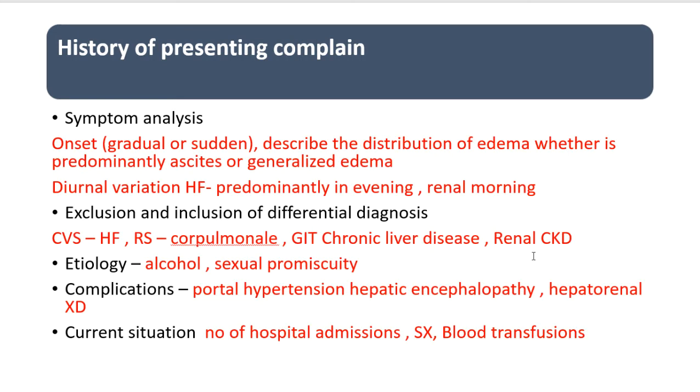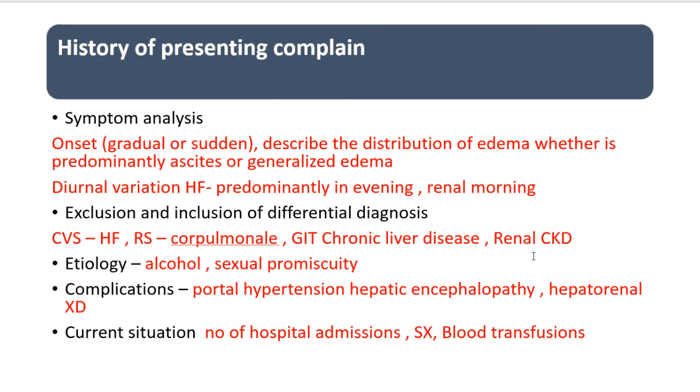If we take the history of presenting complaint, symptom analysis, you can ask about the onset. It may be a gradual onset or a sudden onset. Then you have to describe the distribution of edema, whether it's predominantly ascites or generalized edema.